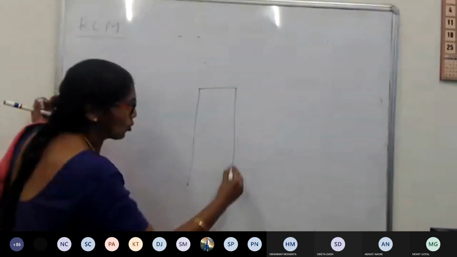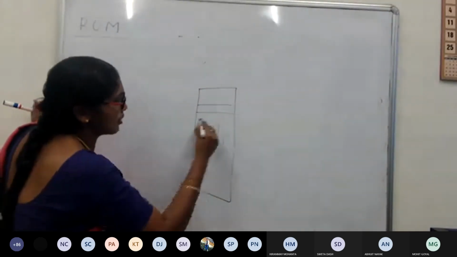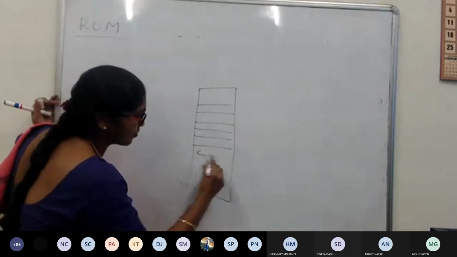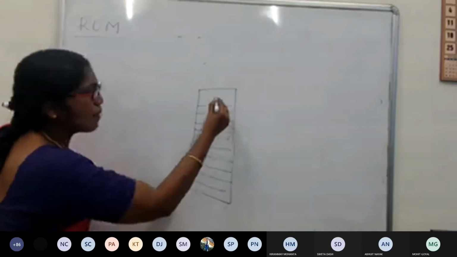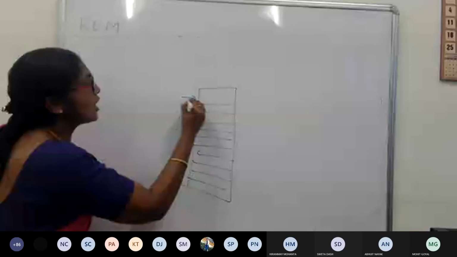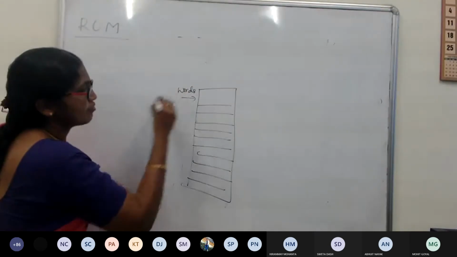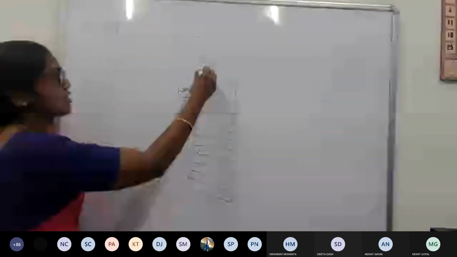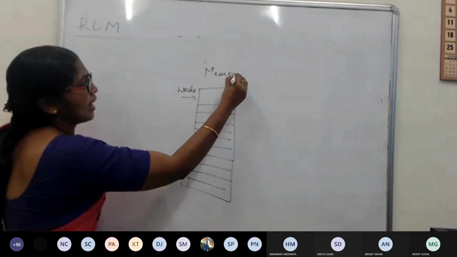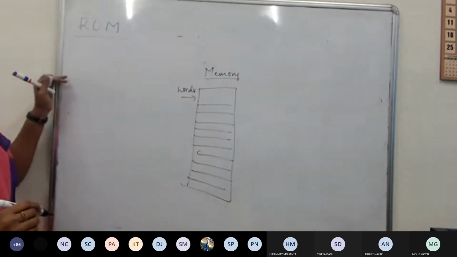This is how a memory looks exactly. And each memory will have words in it. These are the technical terms. I think in your school days you might have studied this.